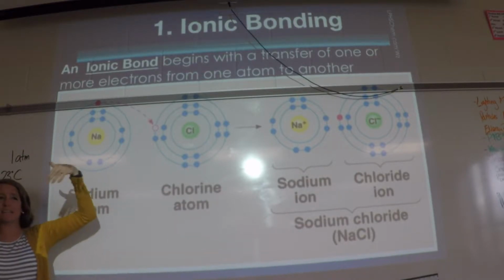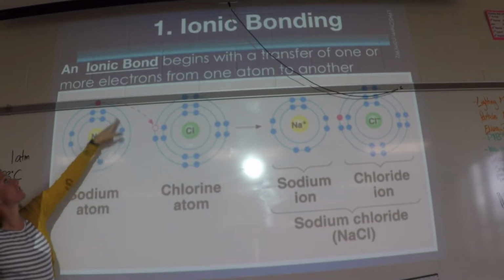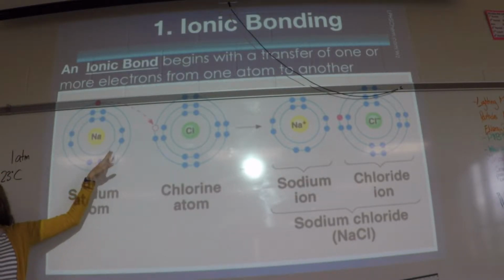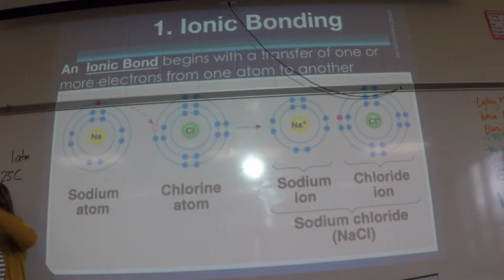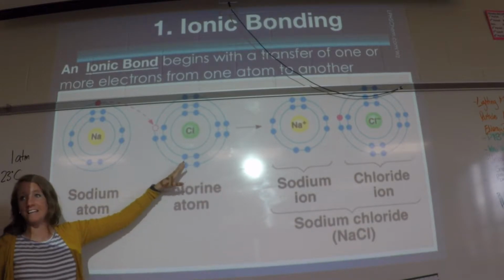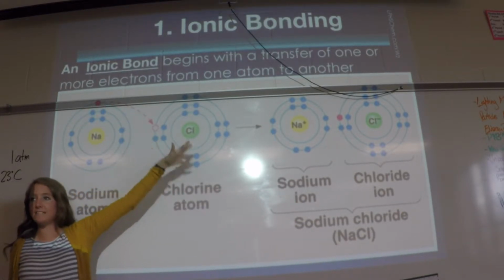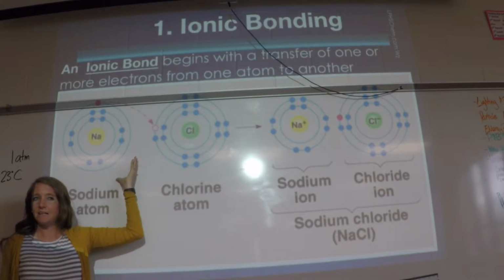How does sodium get stable? By giving its 1 away, because the inner shell has 8. If I get rid of that 1, now I have 8. Chlorine has 7 on the outside, so they're a perfect match. Sodium gives it away, chlorine's happy, sodium's happy.